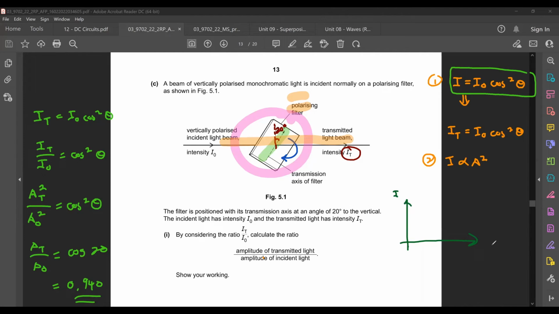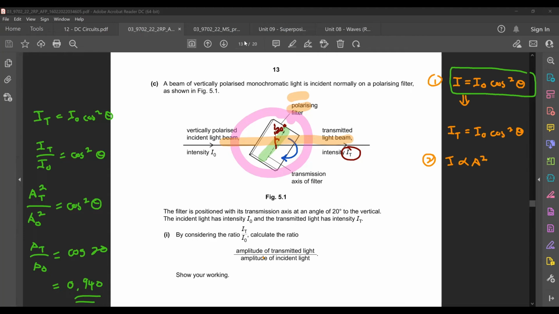So I versus theta, you will get a cos square graph that looks like this. Okay, so at 20 degrees, you're getting something like this. Let me just try and draw it nicely for you.